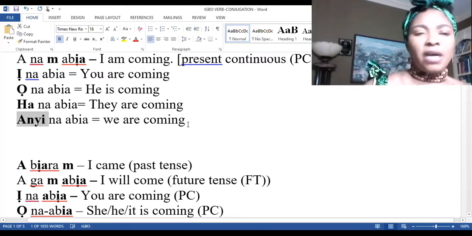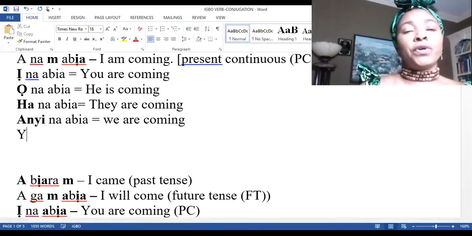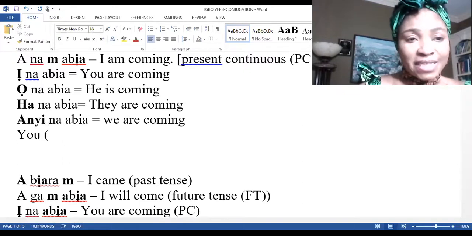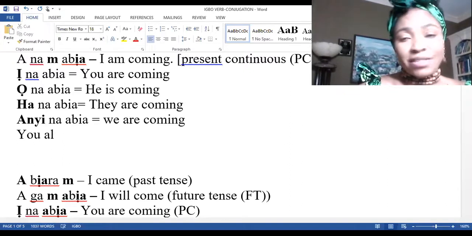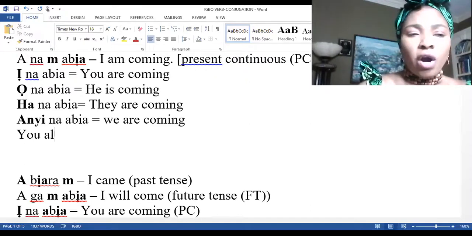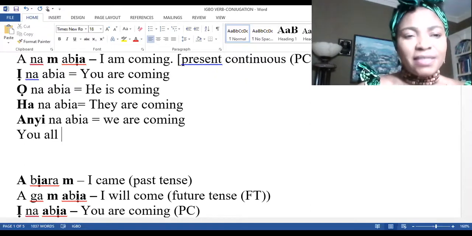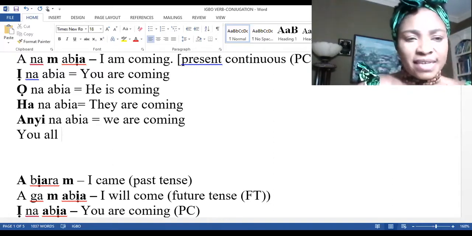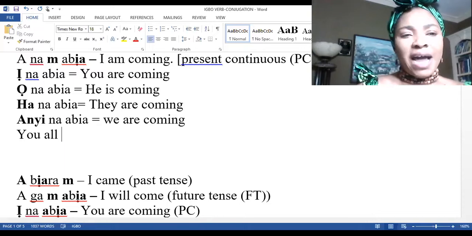Now, remember when you say you all, you can say you all, or you can just say you because you're looking at a group of people. You all did it. But we're talking about coming here, so let's just be consistent. You all are coming.